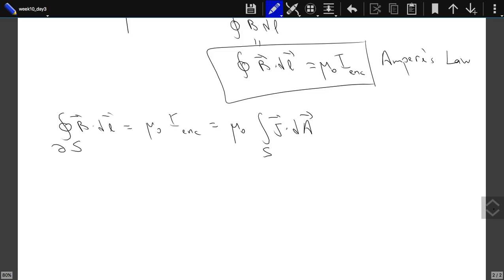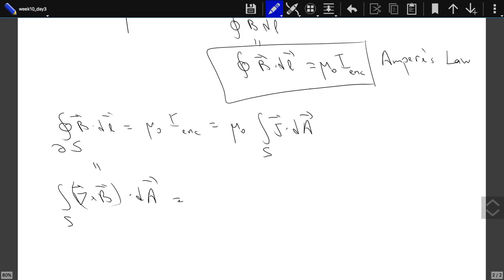But now I can do one more thing. If I have an integral over any closed loop, I can write it as an integral over an area bounded by the loop. This is nothing but the curl of B dot dA over this surface.